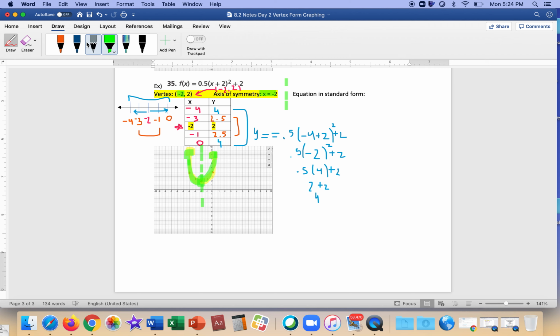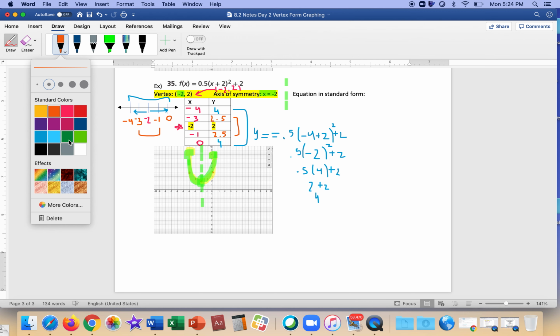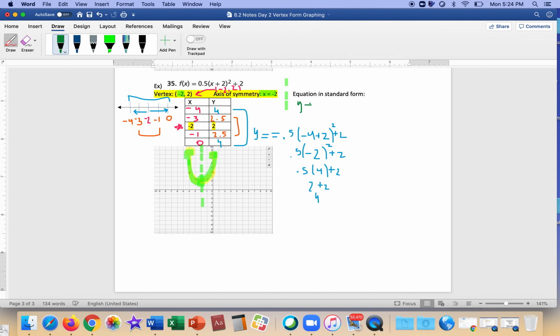Okay, lastly, we're going to find this equation in standard form. So we will have y equals 0.5. We expand, so we write x plus 2, 2 times x plus 2, plus 2.